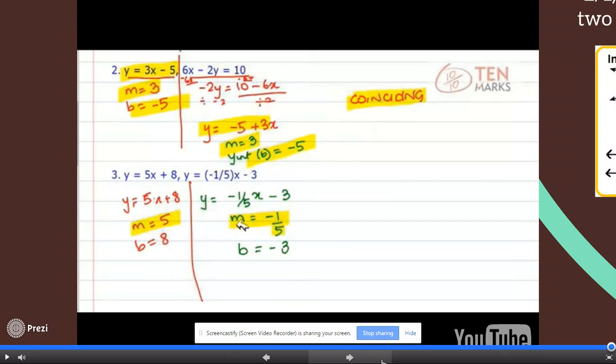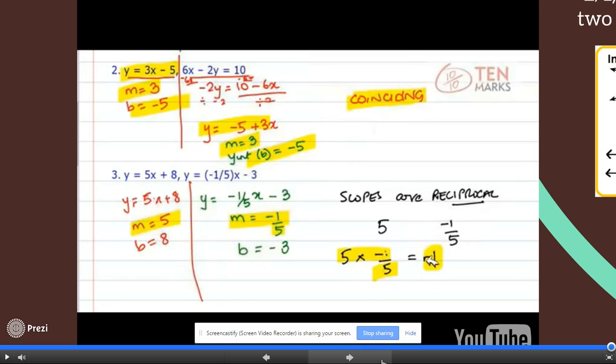As we can see, the slopes of the two lines are negative reciprocals, which means it is opposite. One is 5, the other one is -1/5. Since 5 times -1/5 equals -1, the multiplication of the two slopes gives us -1, that means the lines are perpendicular.